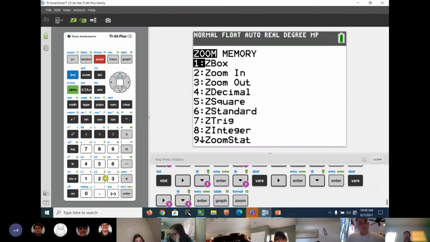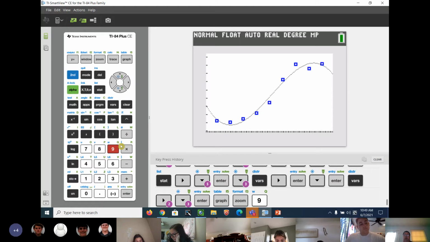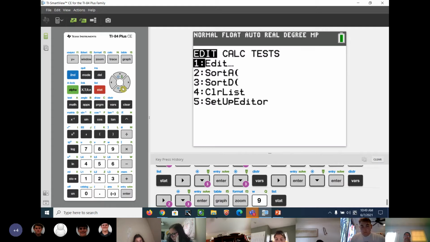Zoom 6 or Zoom 9. Well, it should be graphing it, people. I don't know why it's not. Is y'all's graphing it? Appreciate the input.